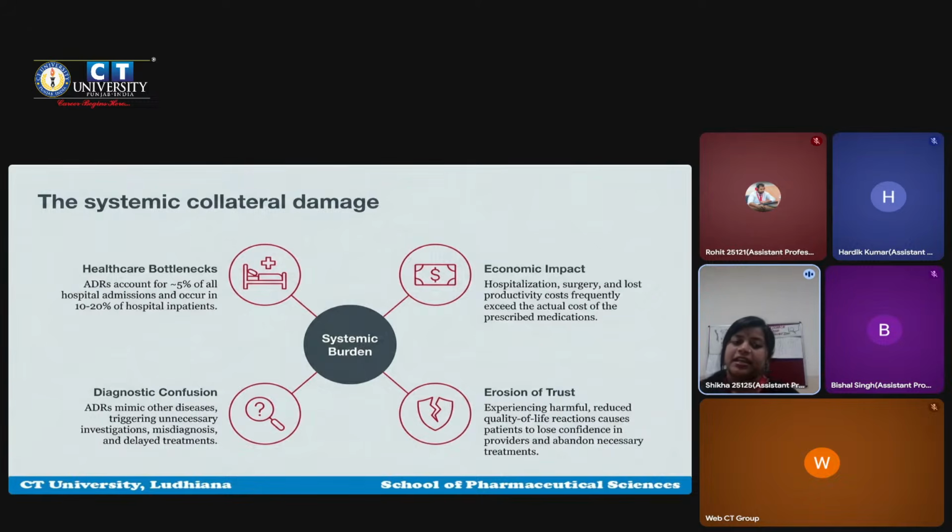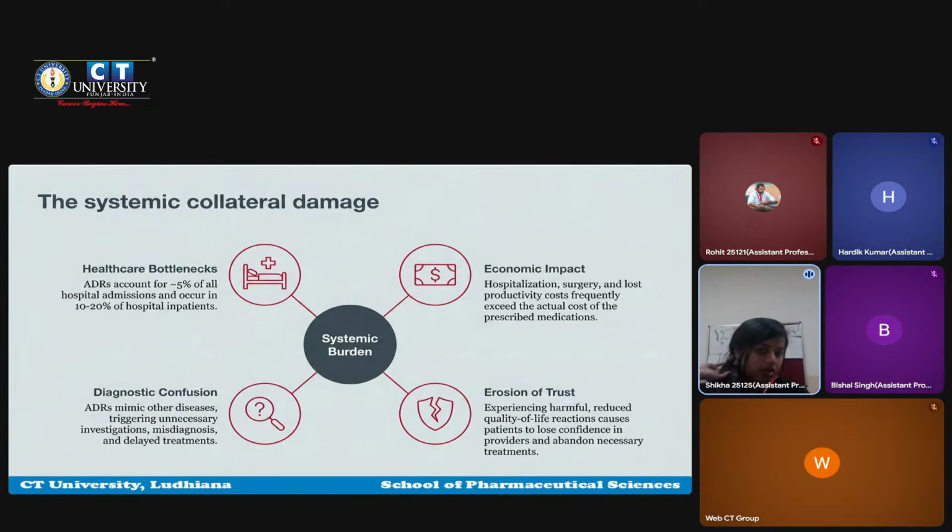So basically, 10 to 20% of people in the hospital are having an ADR or being admitted for the same problem. Next is economic impact. It increases hospital stays or hospitalization, may need surgery, and productivity costs frequently exceed the actual cost of the prescribed medication.